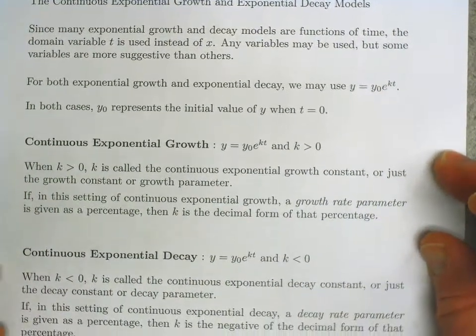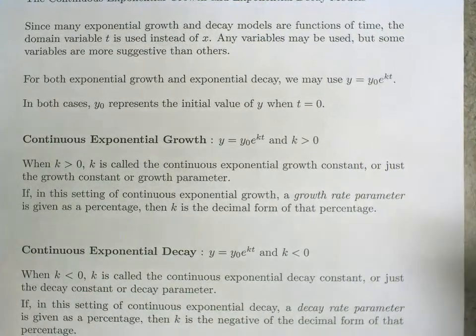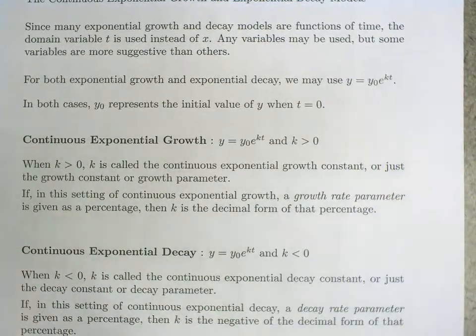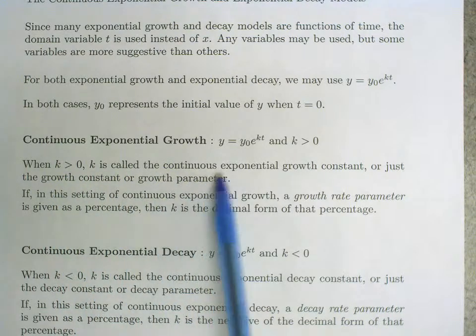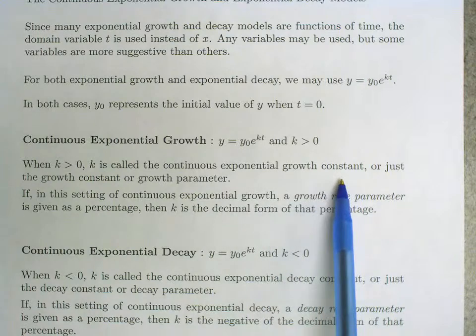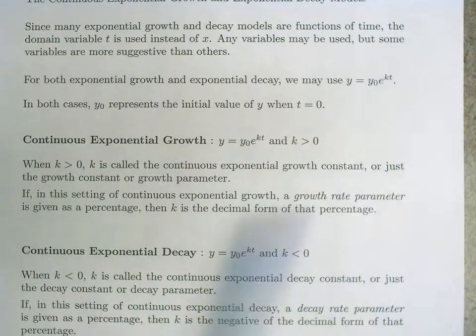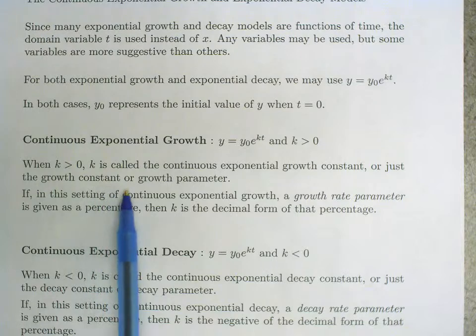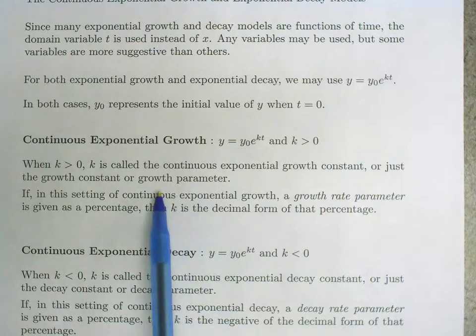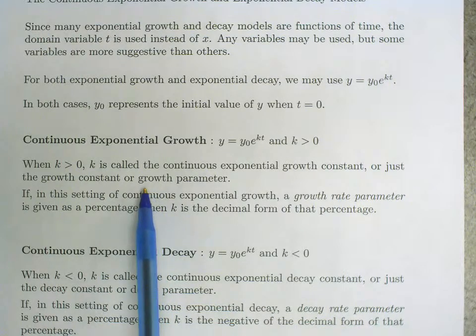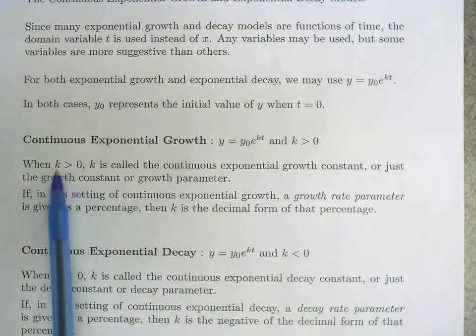So you'll see some terms used. When k is greater than 0, k is called the continuous exponential growth constant. Sometimes it's just called the growth constant, sometimes the growth parameter. But at the very least, if it's growth, it has to be positive.